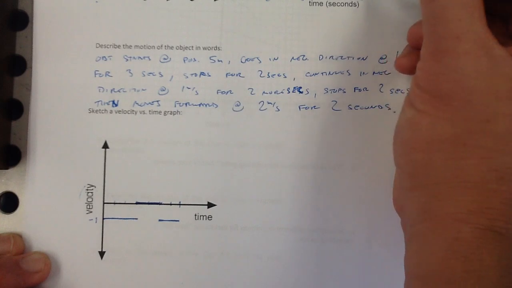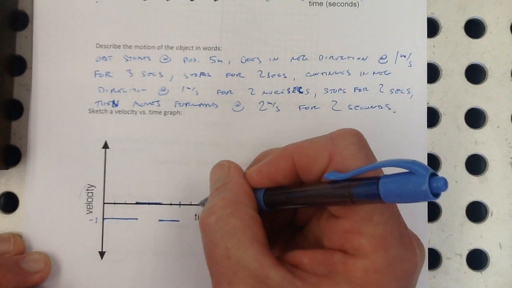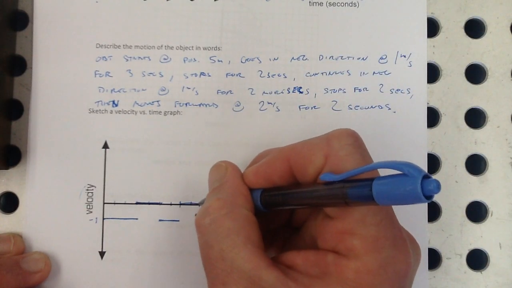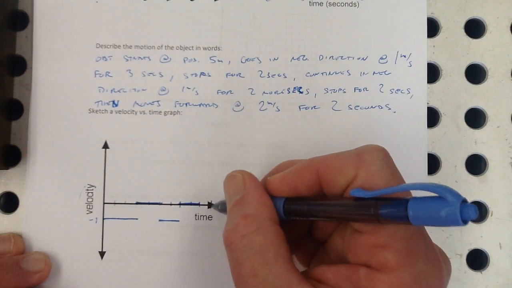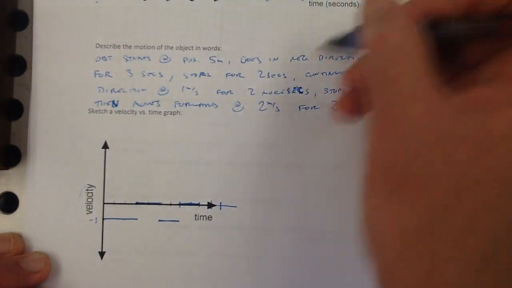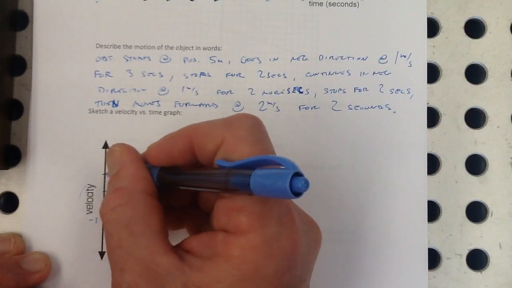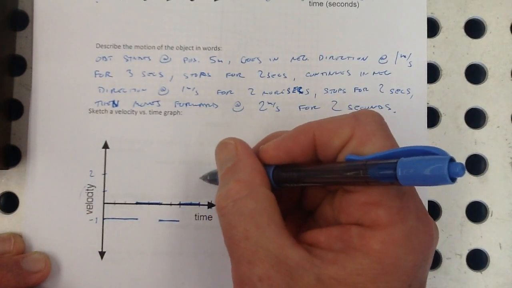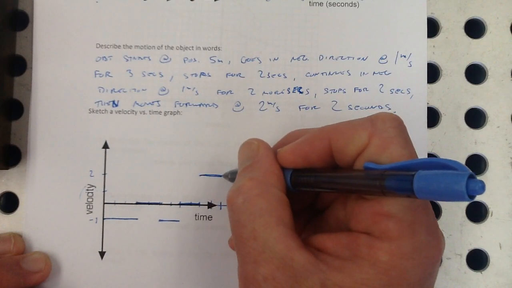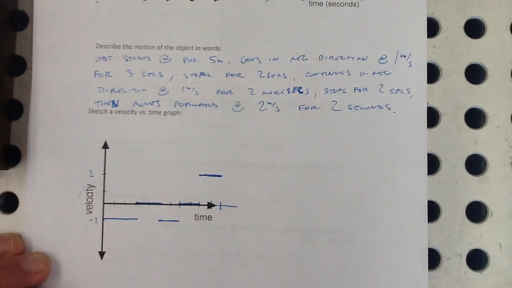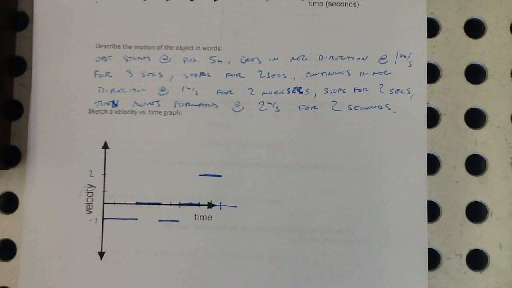And then for the next 2 seconds, we're stopped again. And then for the last 2 seconds, we're going positive 2. So that's an interesting looking graph.